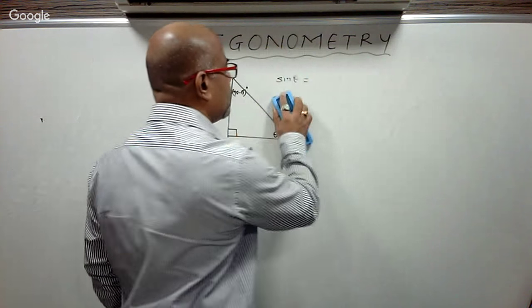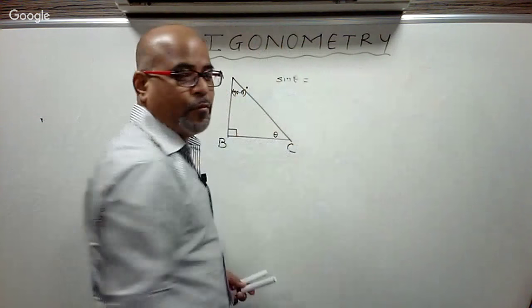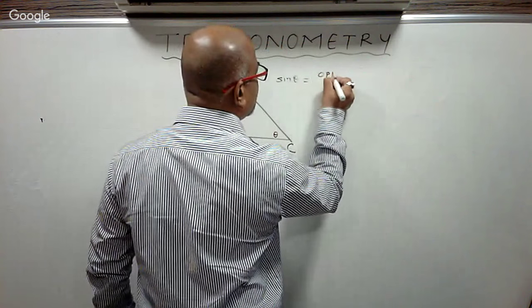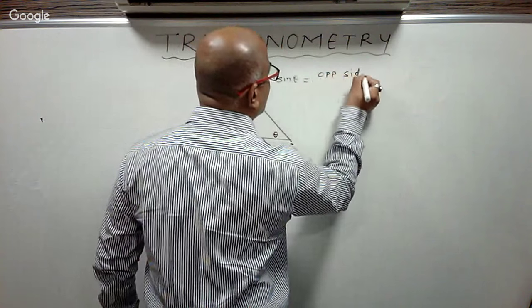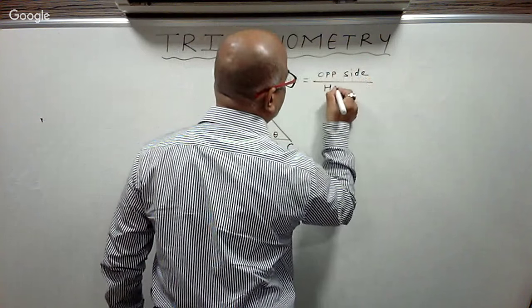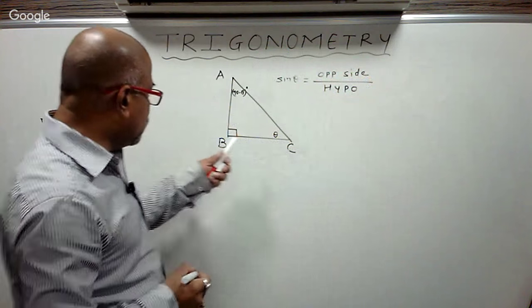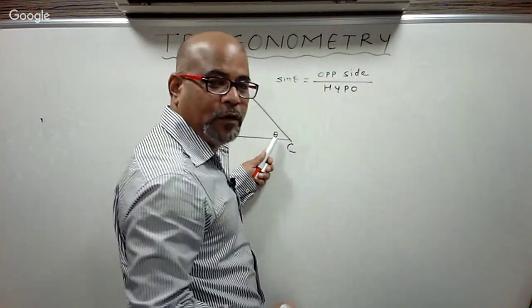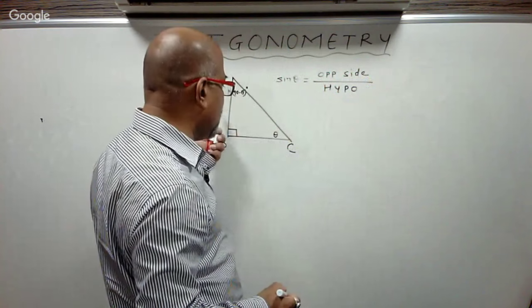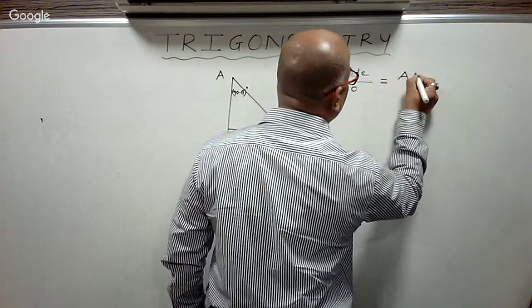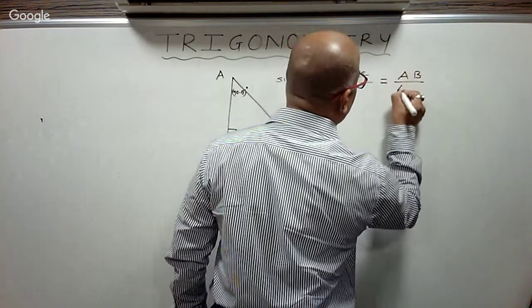I am again repeating, sine equals opposite side upon hypotenuse. The side opposite to theta here is AB and hypotenuse is AC. Therefore, I write here AB upon AC.